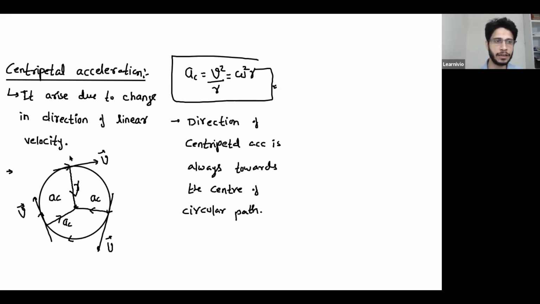Say if the particle is here, then the acceleration is acting towards the center in this direction. See, direction is changing. If the particle is here, then the centripetal acceleration is upwards. If the particle is here, then the direction of centripetal acceleration is downwards. Although it's always towards the center, it's changing continuously.